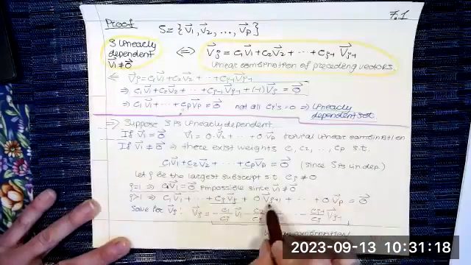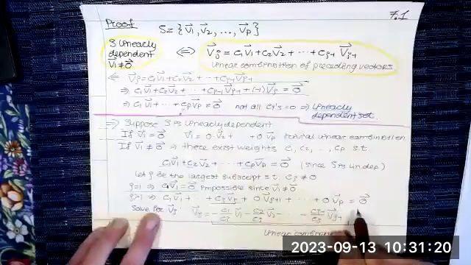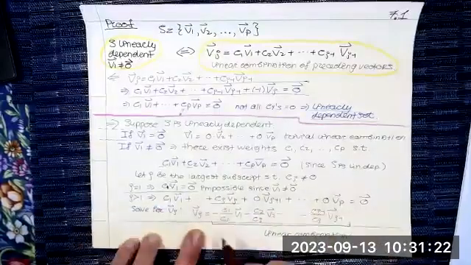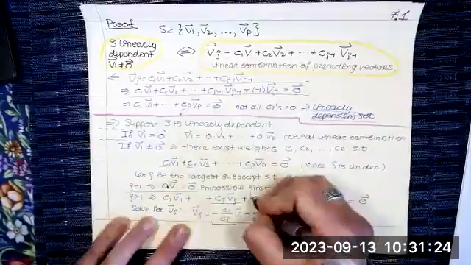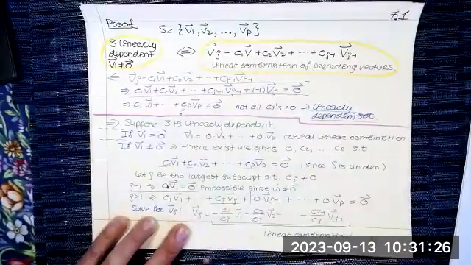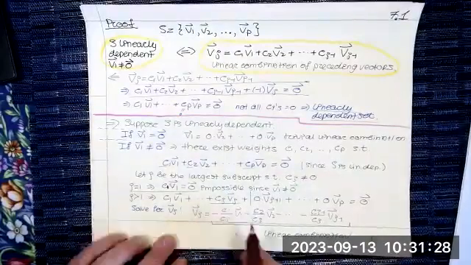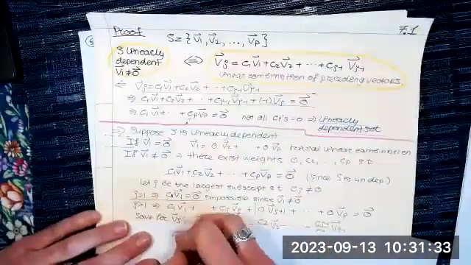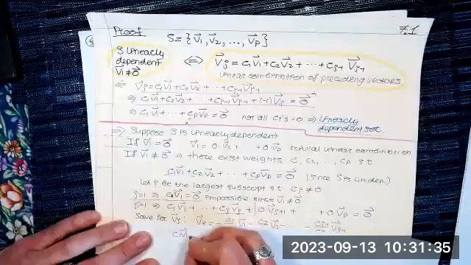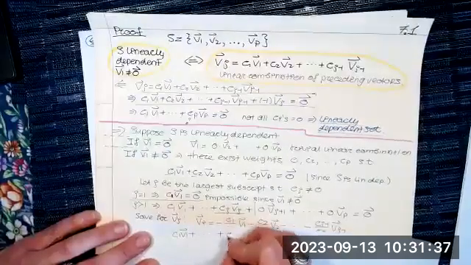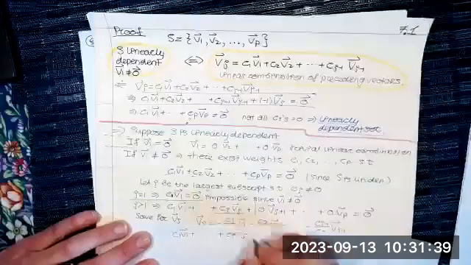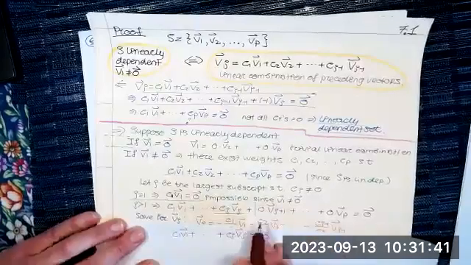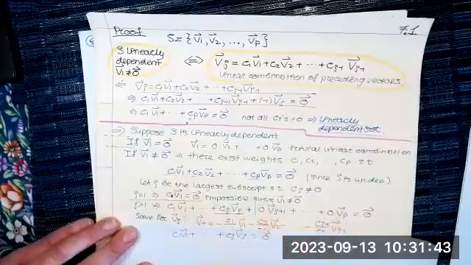The rest is 0, so I don't need that tail, and I can solve for Vj. I have C1 V1 plus all the way to Cj Vj equals 0. The rest is 0 coefficients.